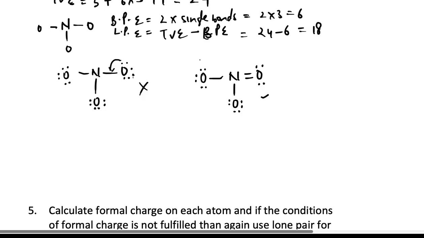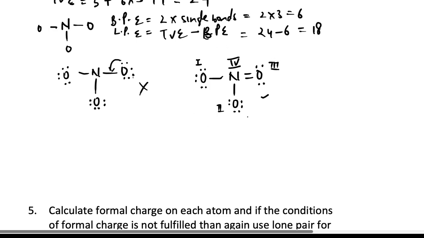You can check the previous video, I'll provide the link for that. I'm just giving a glimpse of that. So this is oxygen first, this is oxygen second, this is third atom, this is fourth atom. I'm going to calculate the formal charge of each atom. As per the octet rule, this particular structure seems to be okay.